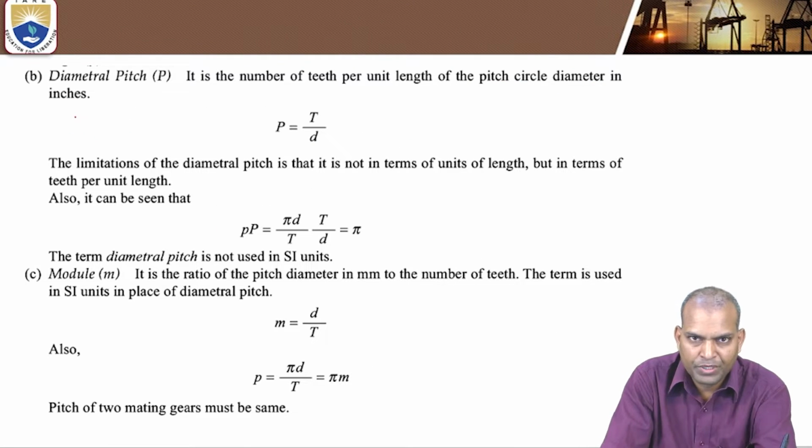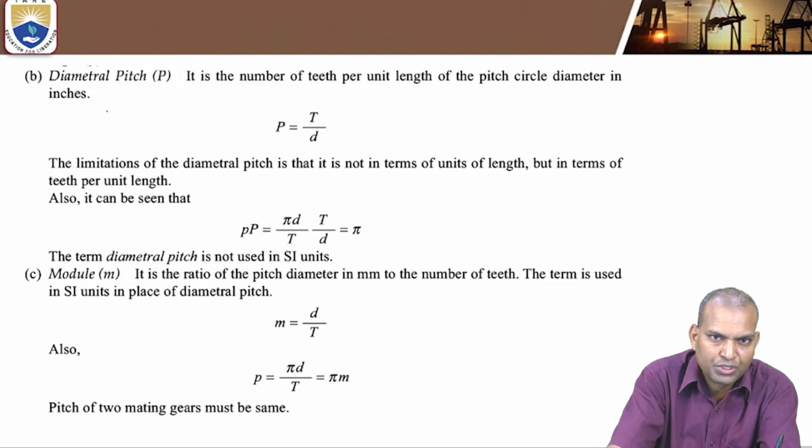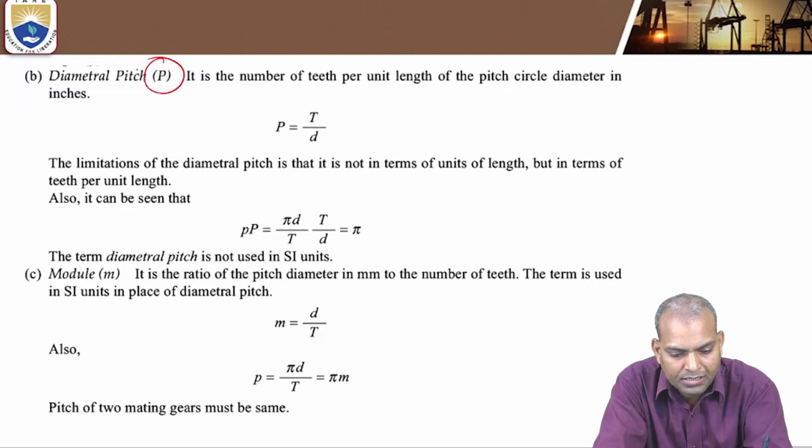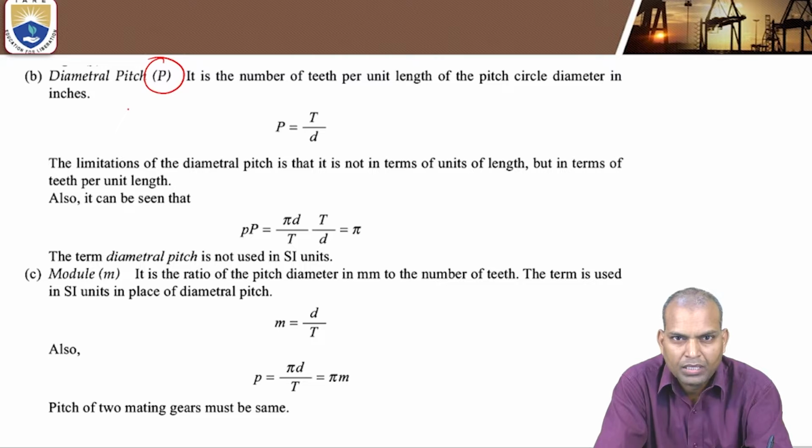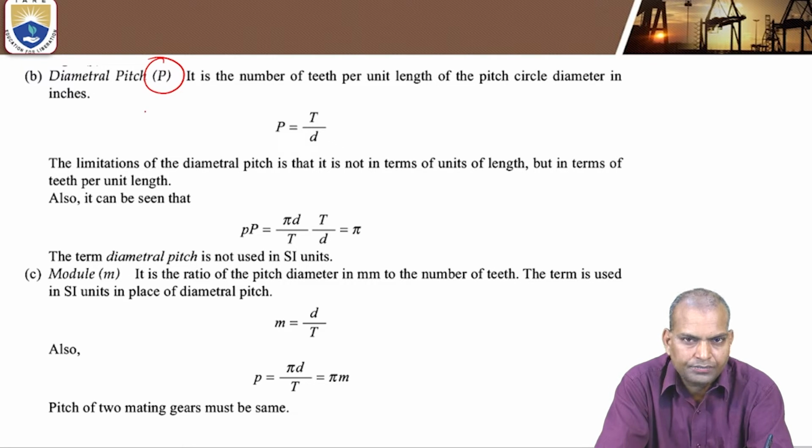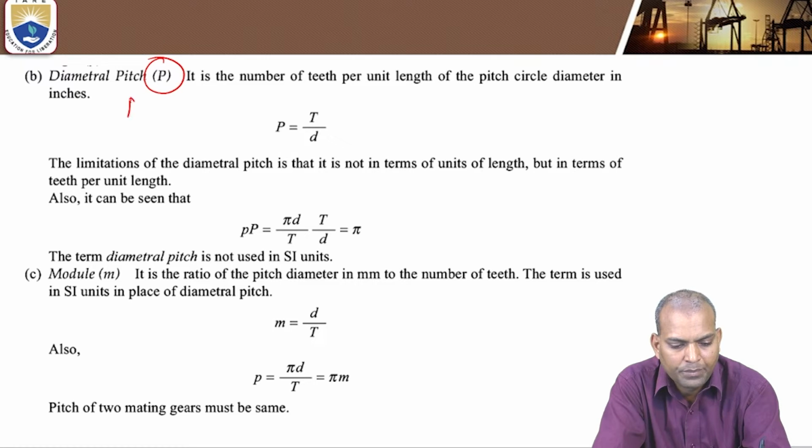What is a diametral pitch? Diametral pitch, capital P, is the number of teeth per pitch circle diameter. That is, capital P equal to T by D, per unit length of pitch circle diameter, is known as diametral pitch.